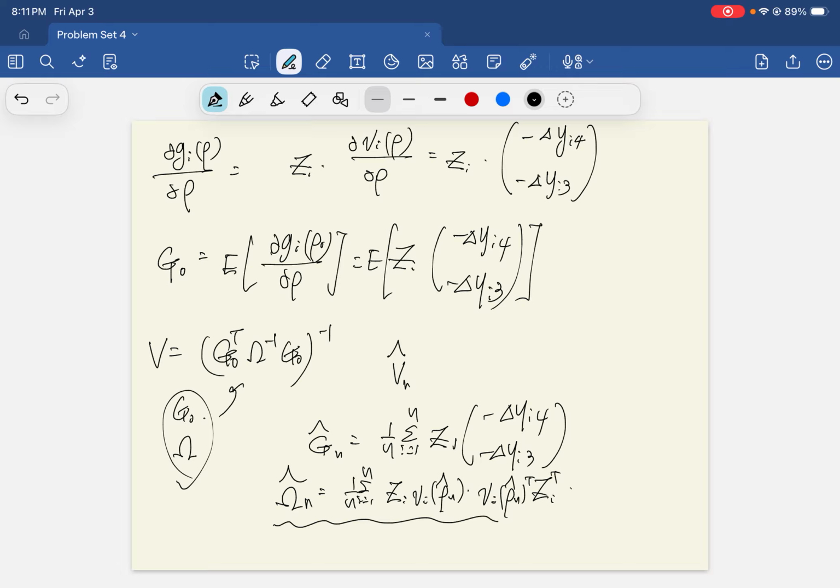This will be your omega estimator. So plug them in to obtain the final variance estimator. The variance will be easily estimated.